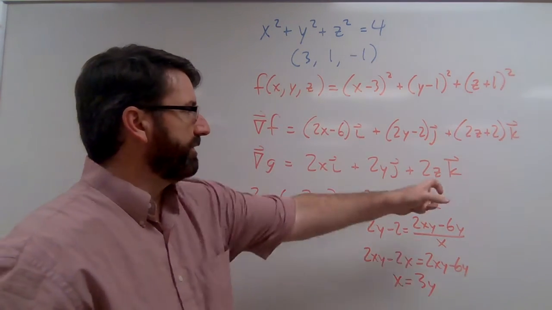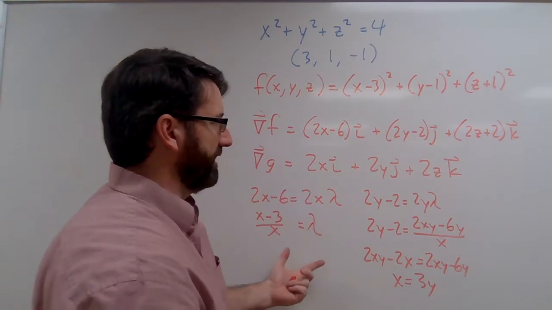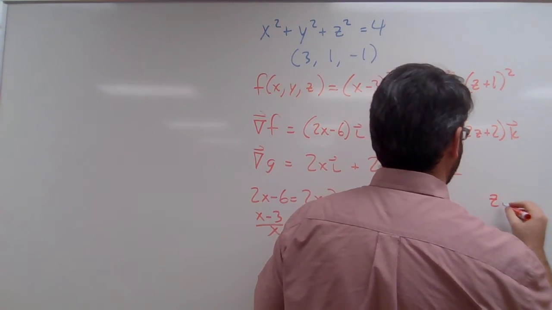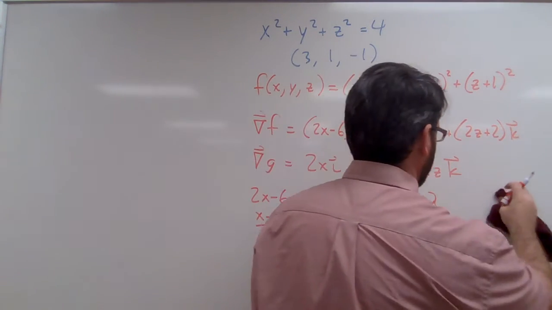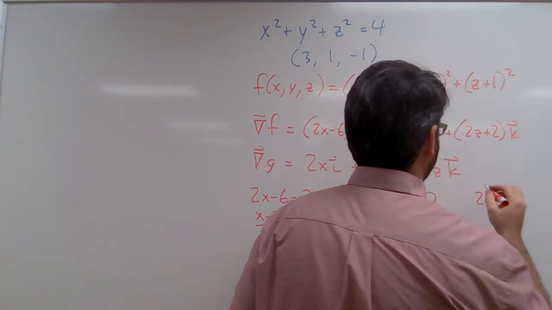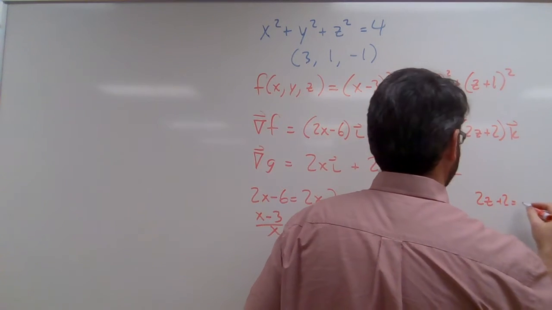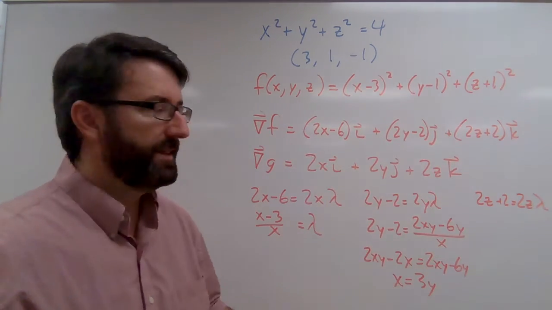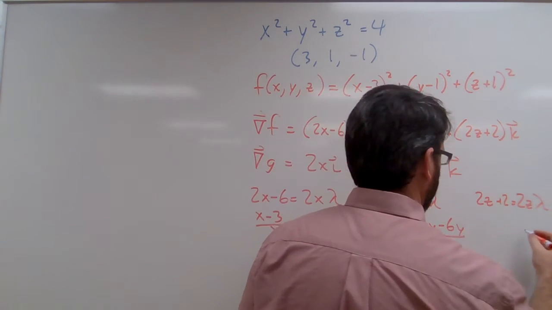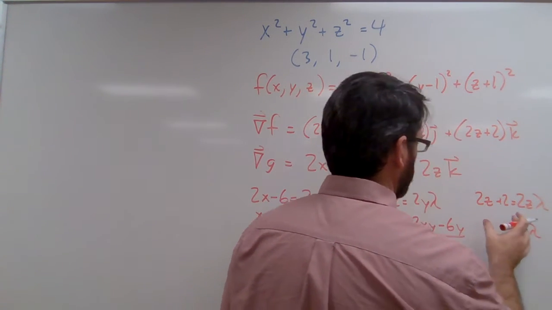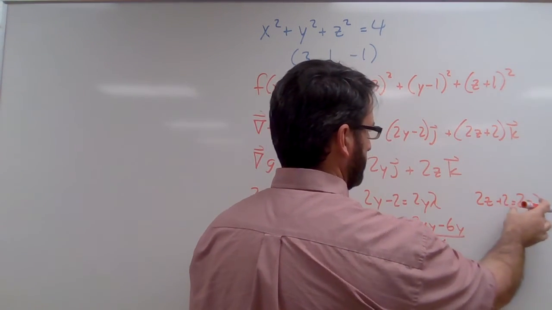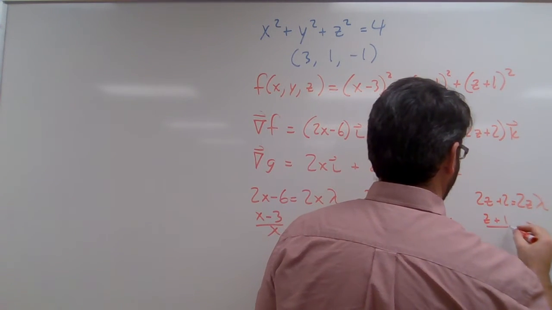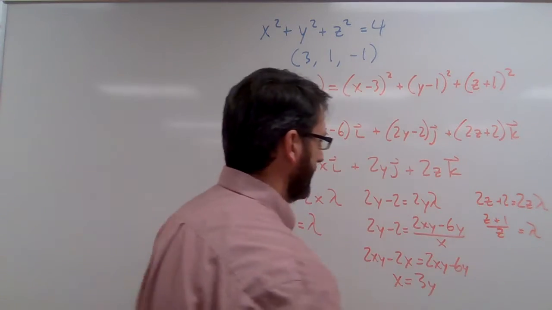All right, over here with z, we're going to do the same thing. We've got 2z plus 2 is equal to 2z lambda. And then if we solve for lambda, we're going to get that lambda is equal to (2z + 2) divided by 2z, which is (z + 1) over z.